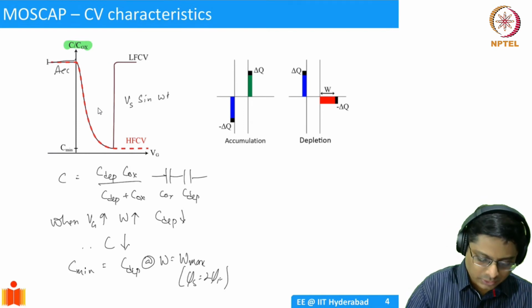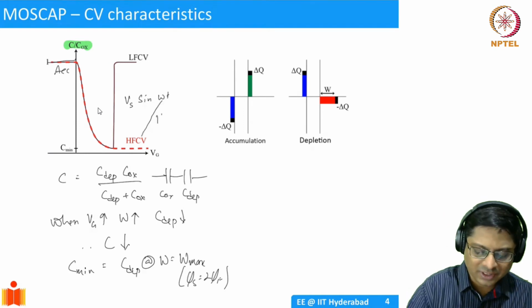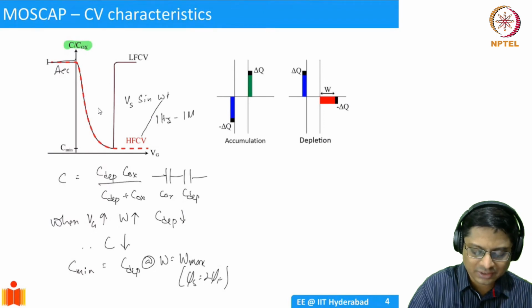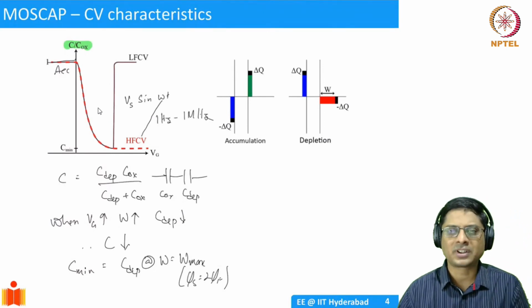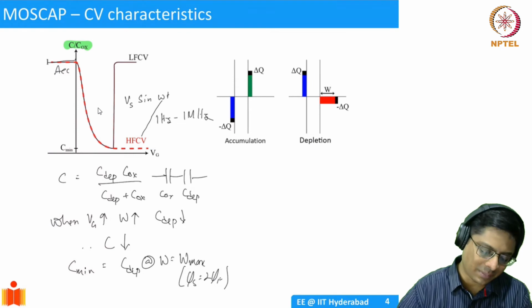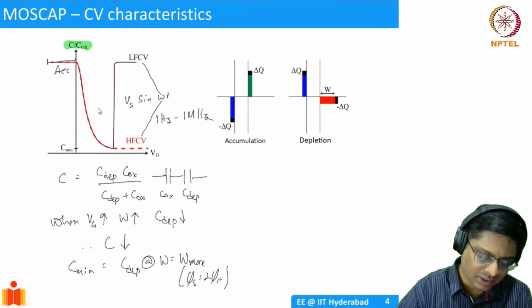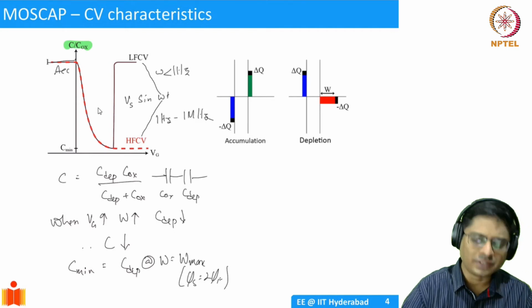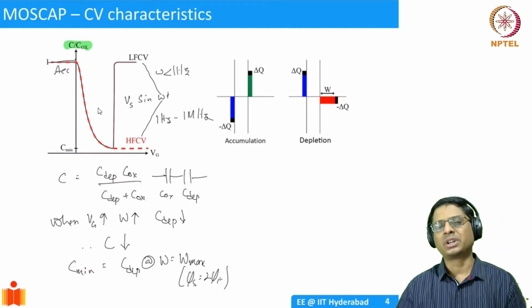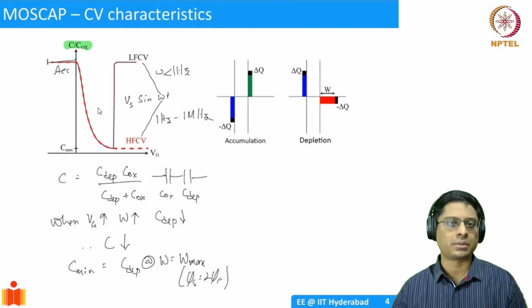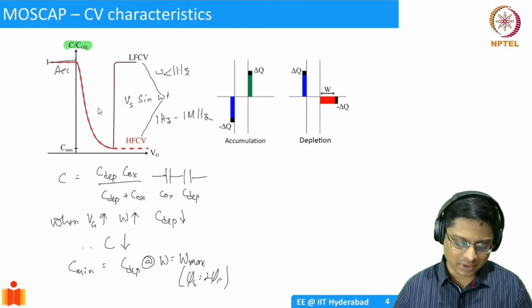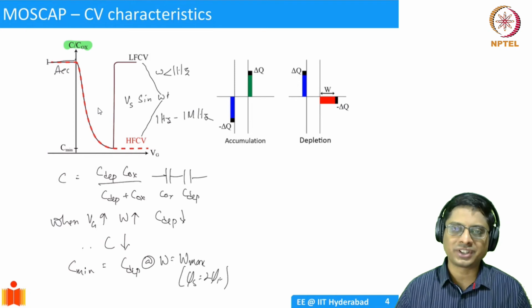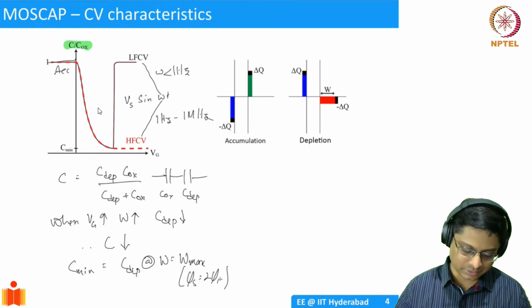If this frequency is anywhere from 1 hertz up to 1 megahertz, we call it HFCV. If you go below that, we call this LFCV. Omega less than 1 hertz, I would say. In fact, we work in the millihertz range. We do what is called a quasi-static measurement to actually capture LFCV. Okay. Experimentally, it's quite challenging to measure LFCV. HFCV is quite easy.